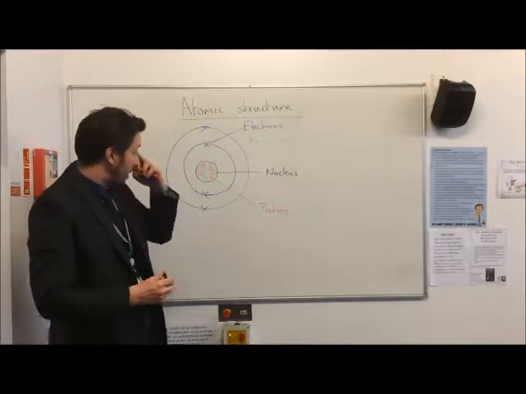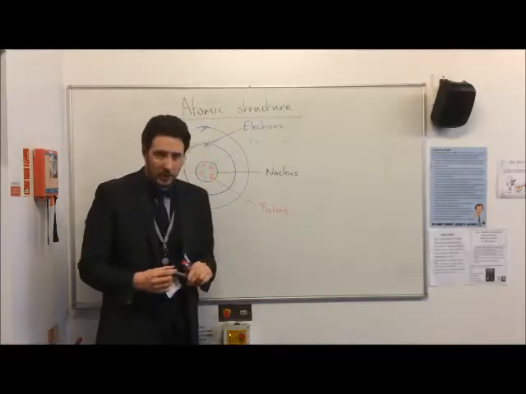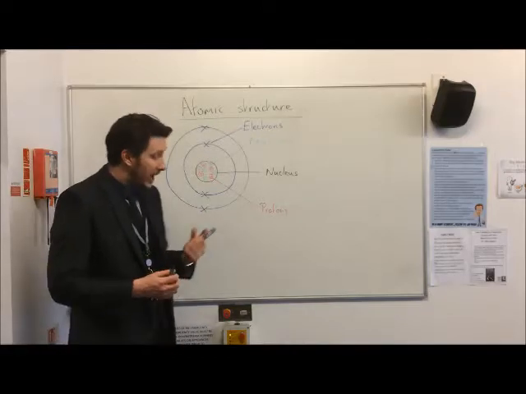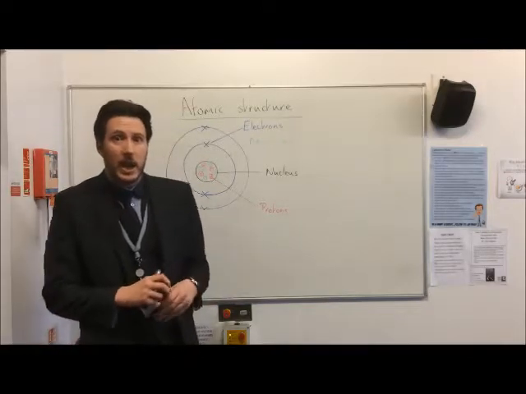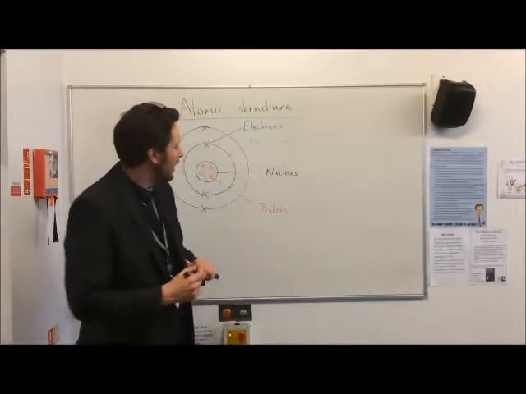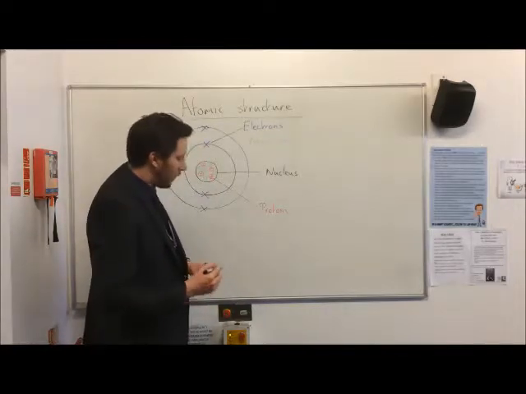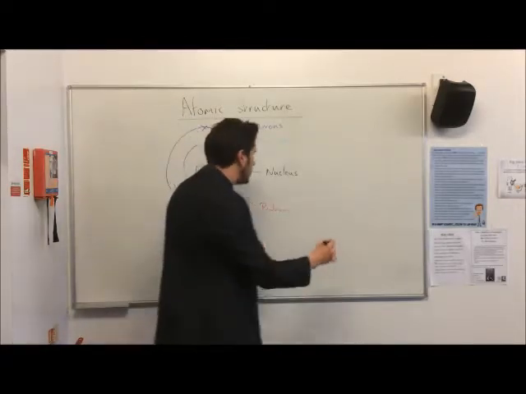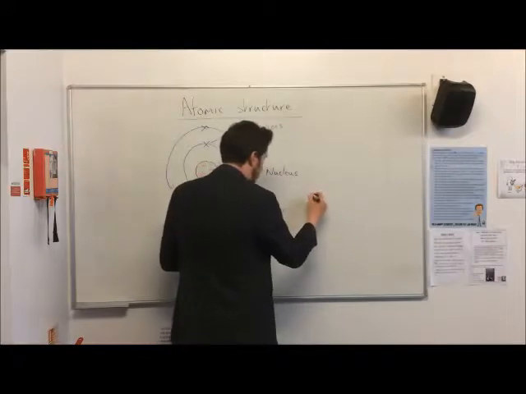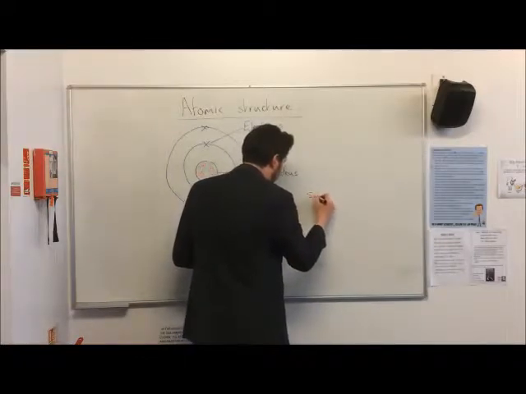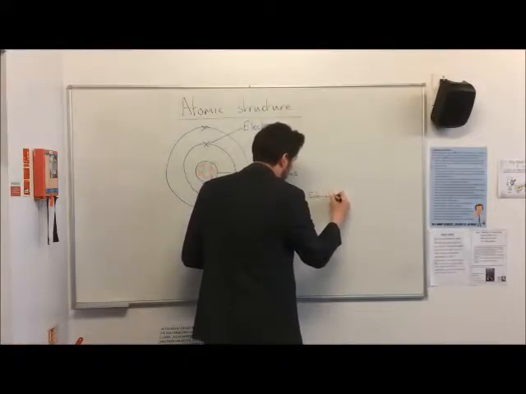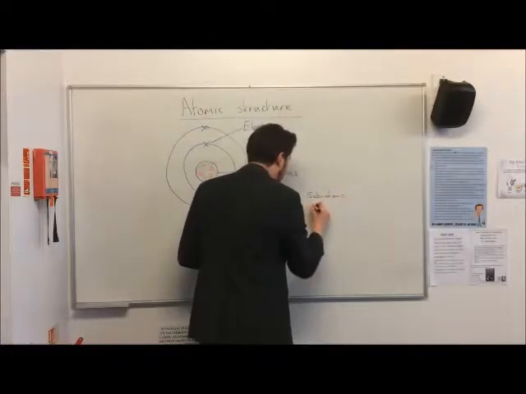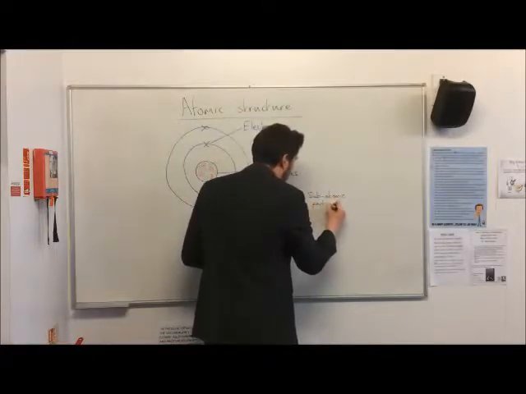You need to know a bit of information about these subatomic particles. So you need to know their charge, which I've already talked about, and you need to know their mass. Okay, it's not too bad. Usually it's shown in a little table like this, where you've got the subatomic particle, and you have the 3 names of them.